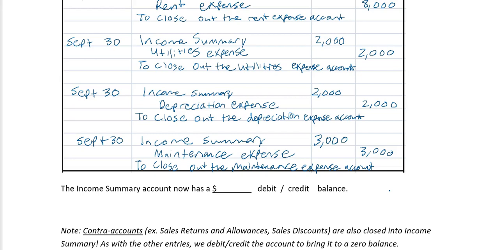Now we've added $25,000 of debits thanks to all the expenses. So we're going to end up with a $10,000 credit balance left over. And what that is, it's the company's net income sitting in the income summary account for a very brief period of time.